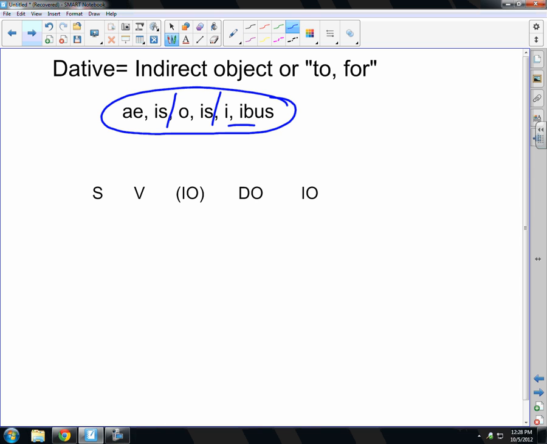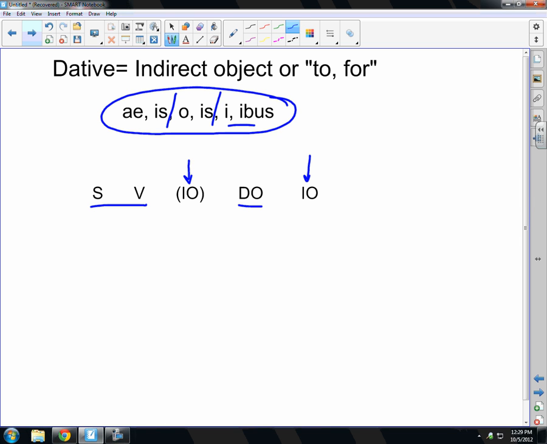The pattern for the indirect object is similar to the one we've had with the subject, verb, and the direct object. The indirect object can be added in two different places in English. In English, we can put it here, following the verb before the direct object, or we can put it here, following the direct object.